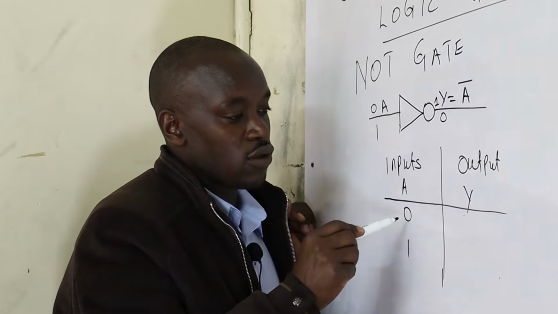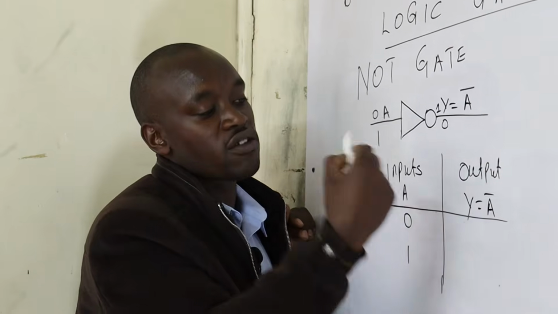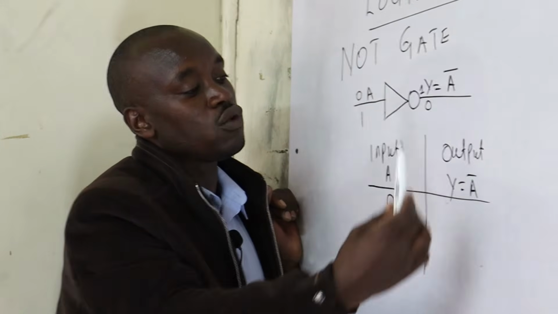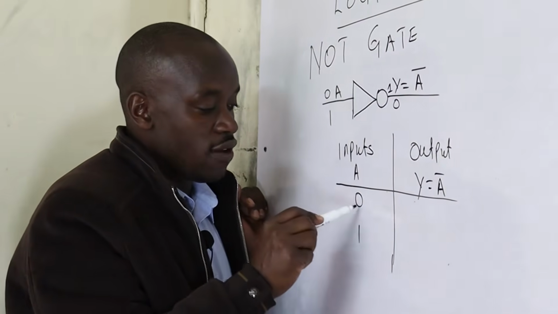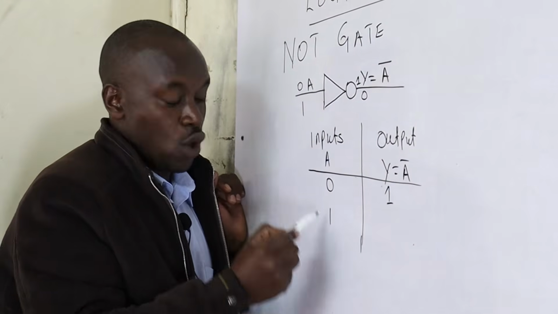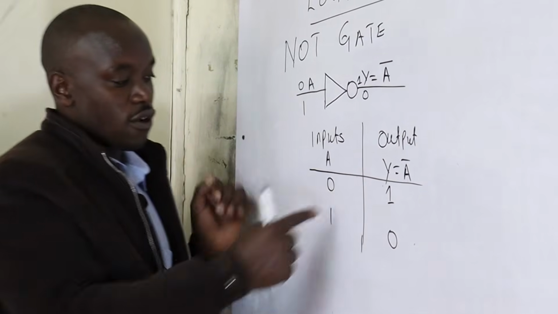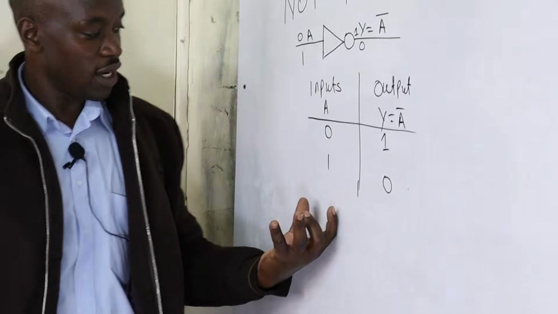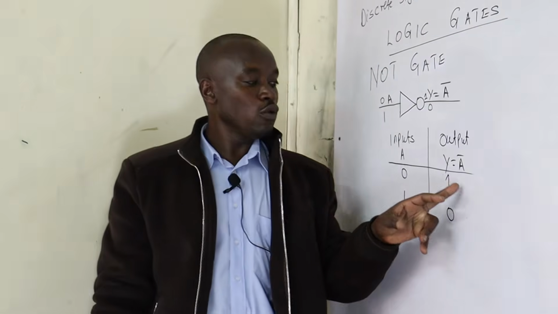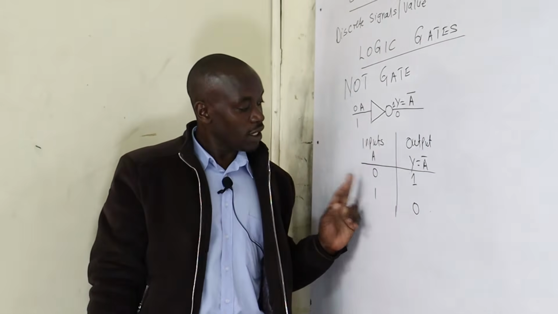If A is 0, the output Y is the inversion, the opposite of the input. If you have 0 here, then here we have 1. If we have 1 here, then here we have 0.